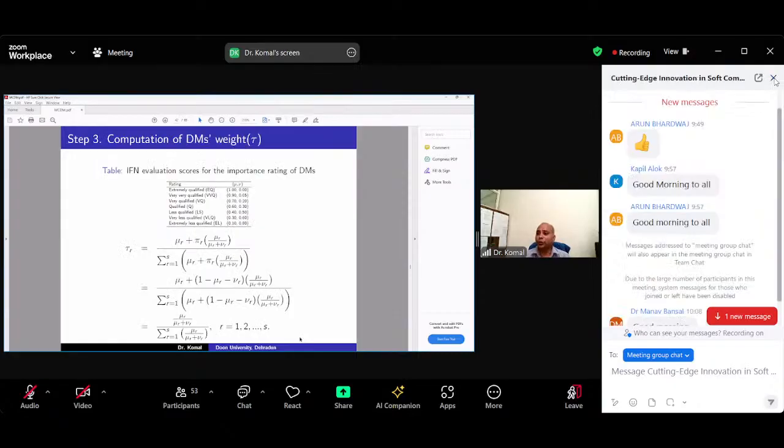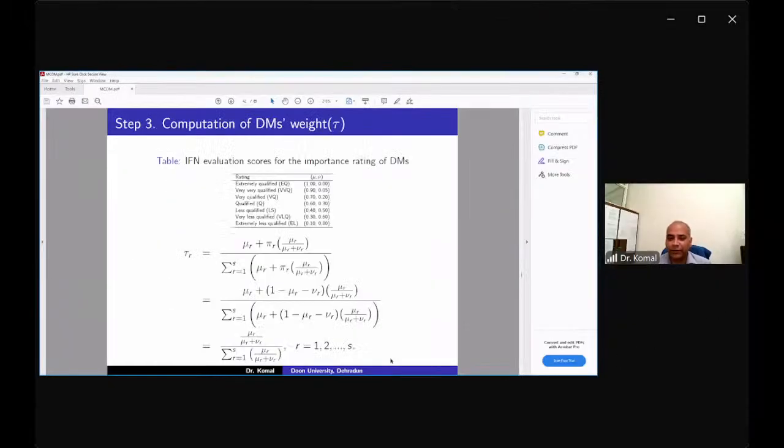Then to assemble all this information, we need the experts' weights. Generally, the expert weights are provided in linguistic form. For example, in the table, you can see that if an expert is extremely qualified, then generally we give the weight 1 and 0. That means the membership grade is 1 and the non-membership grade is 0.